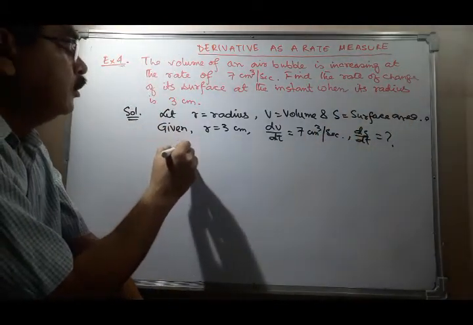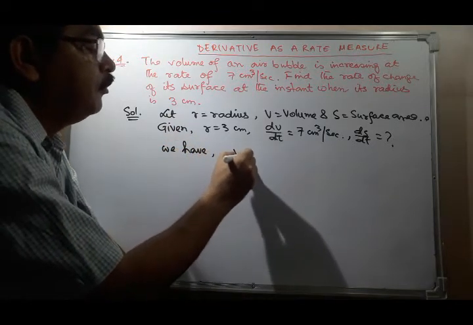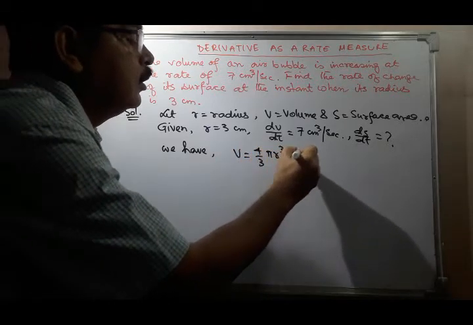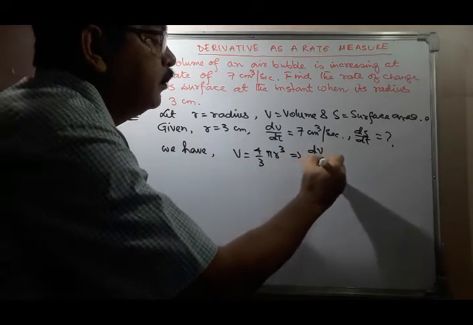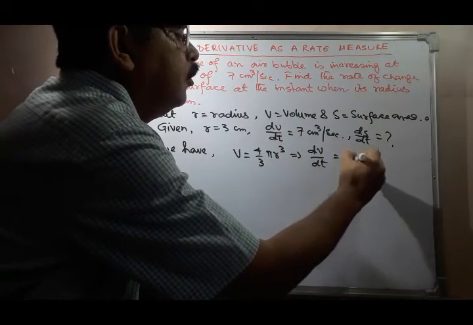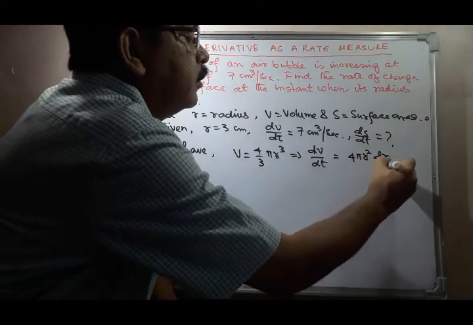So therefore we have v equals 4/3 pi r cube, which implies dv by dt equals 4 pi r square dr by dt.